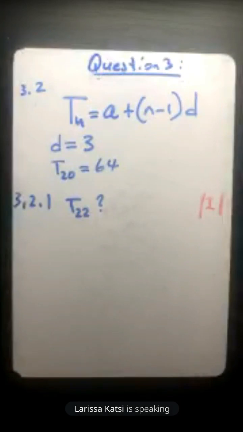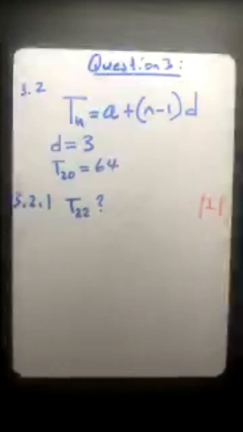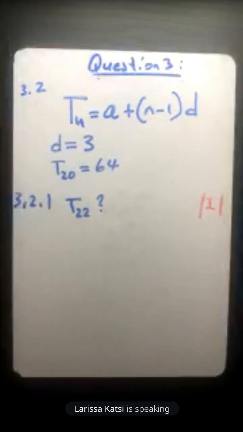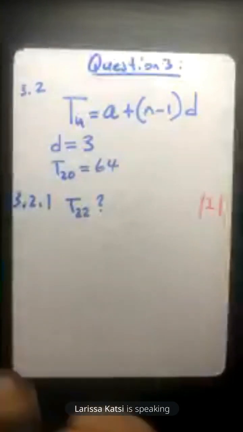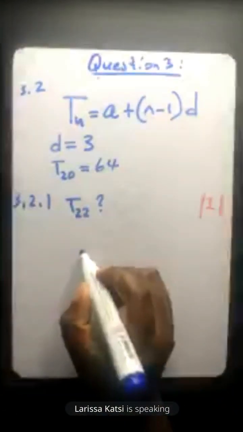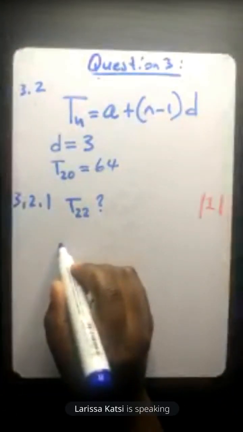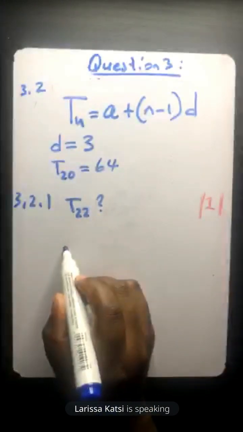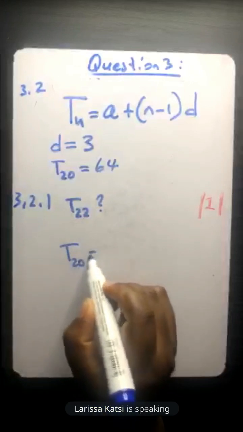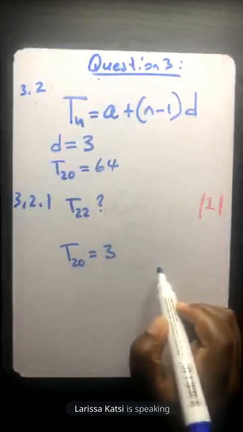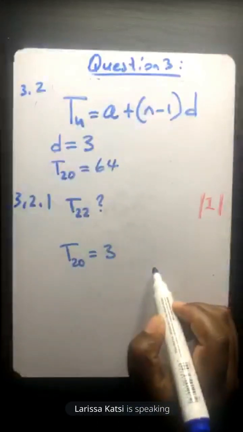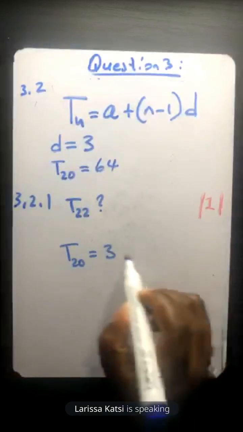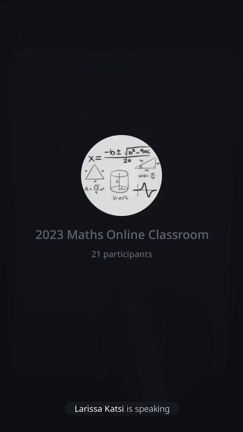Oh, my name is Larissa. I used the first term to substitute. So I substituted into the formula, and we know that for the first term, n is 20. So I said T20 is equal to 3, in brackets, 20, which is our n.